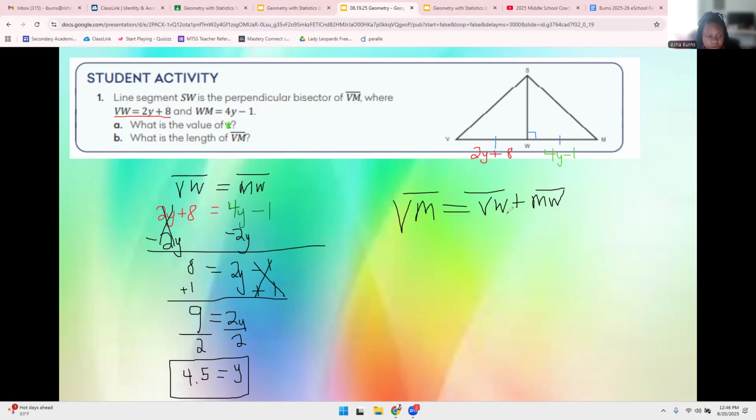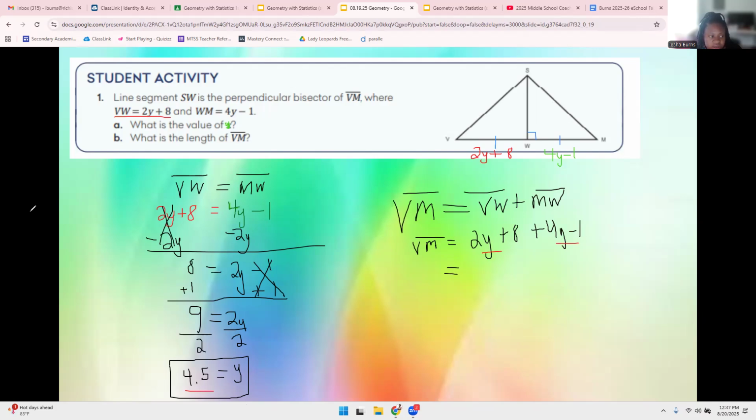I know that VW is 2y plus 8, and MW is 4y minus 1. And then I'm going to plug in this y value to both of these y values.